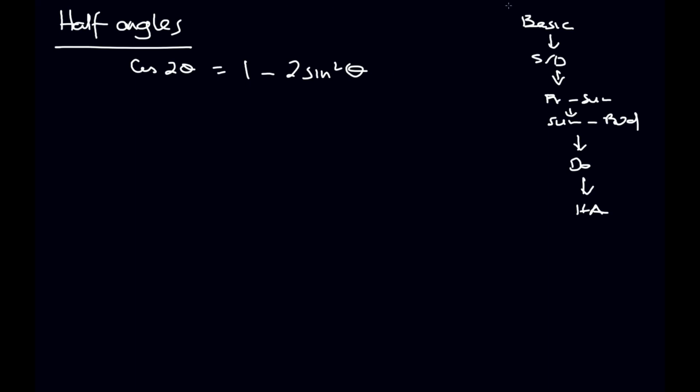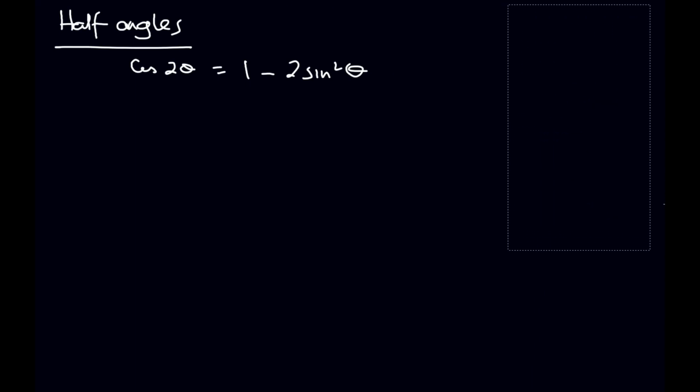Right, so now what we're doing is that we're at double angles and we're trying to derive half angles. So now what we'll do is we'll say let theta, for example, be equal to x over 2. We're going to replace x over 2 everywhere.